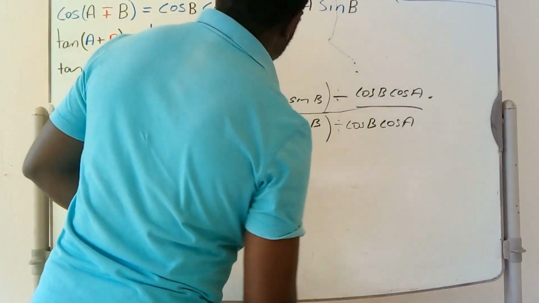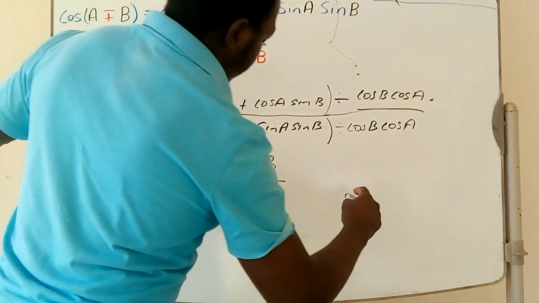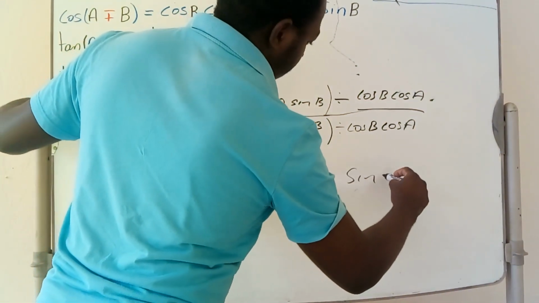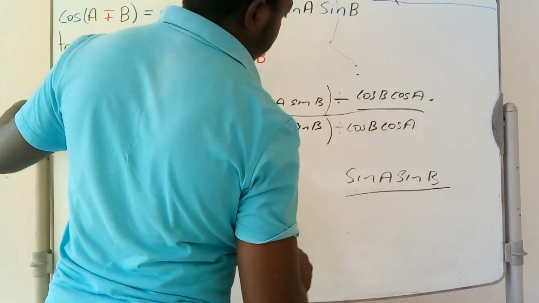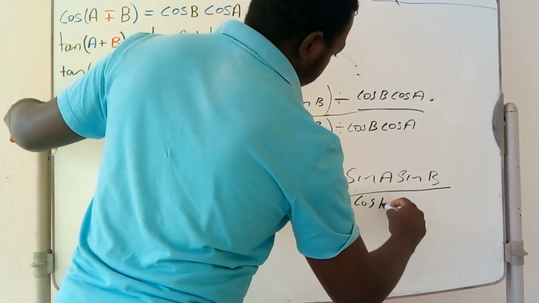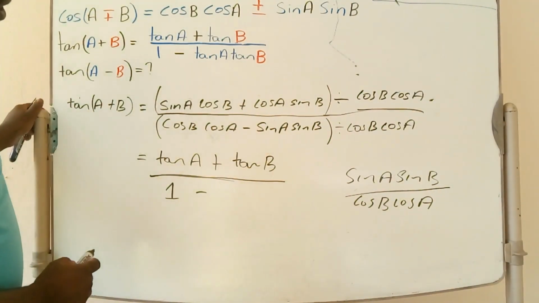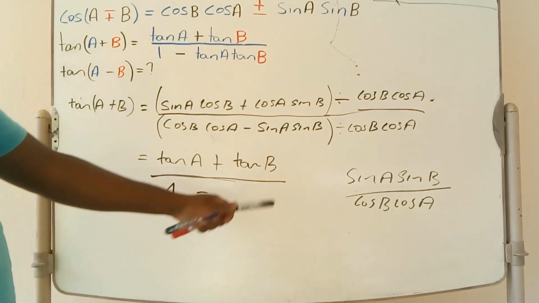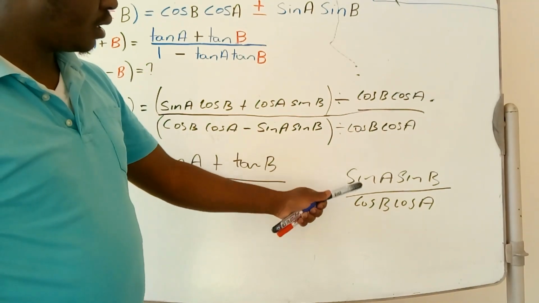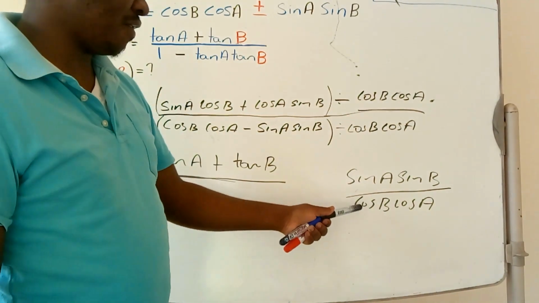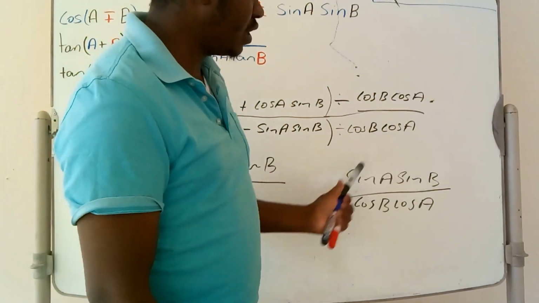So now I am at this term, which is sine A, sine B. And I need to divide that term by cos of B, cos of A, right? Can anything be cancelled out here? Now here I have sine A, I have cos A, I have cos B. So nothing can be cancelled out here.